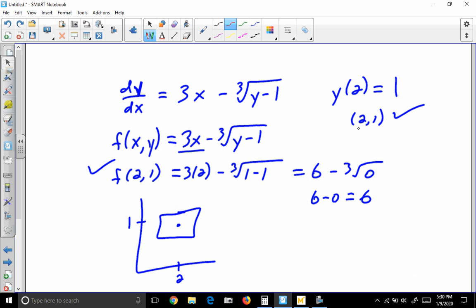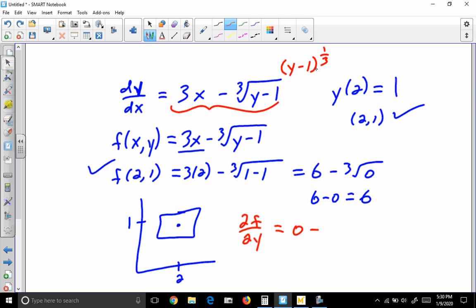So it passes that for this function, for our dy dx, that point is continuous in some rectangle. So now let's check our partial of f with respect to y. If we take the derivative of this with respect to y, the derivative of the first term is just 0. Let's rewrite the cube root as y minus 1 to the 1/3 power.